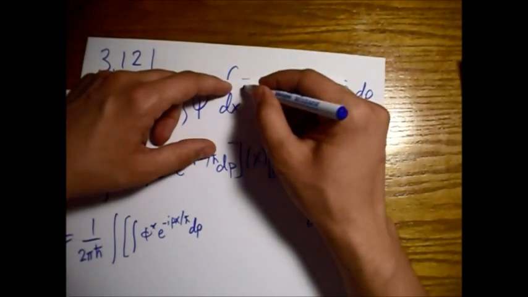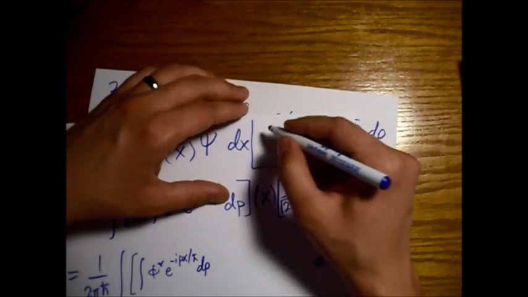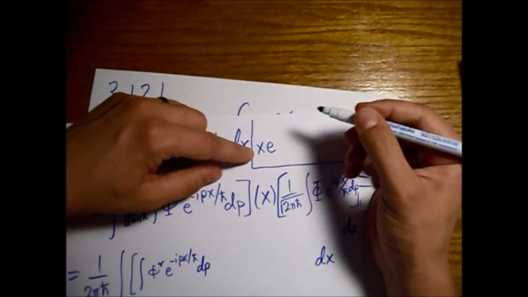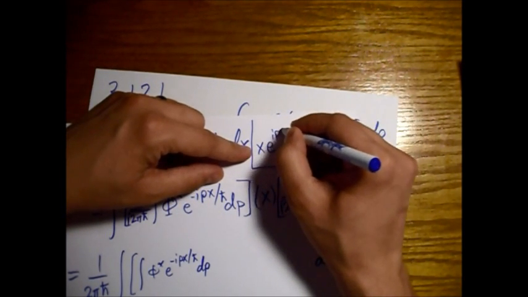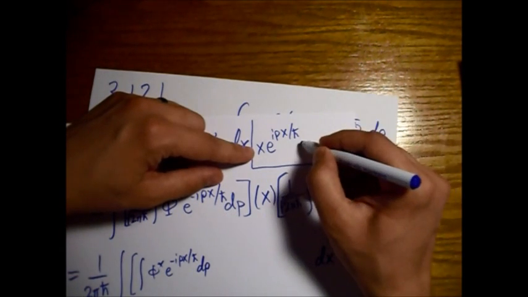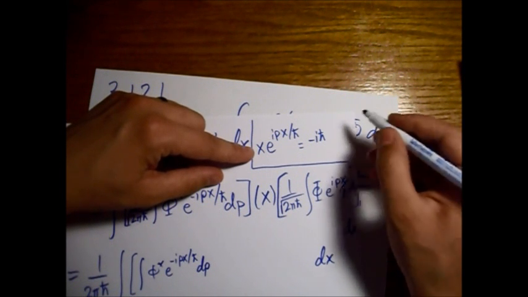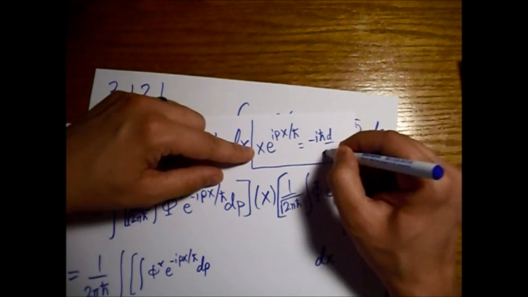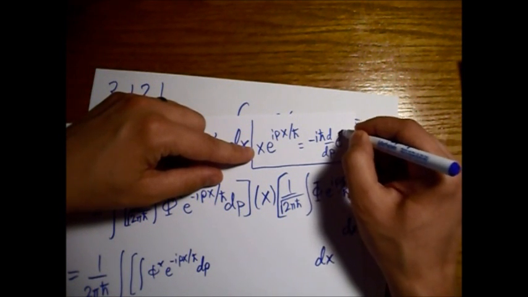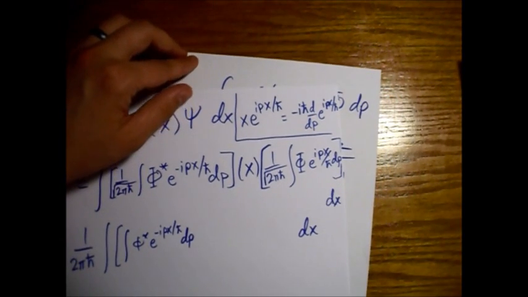We have this little hint equation that he gives us: x multiplied by e to the i p x over h bar is equal to minus i h bar d by dp of e to the i p x over h bar.